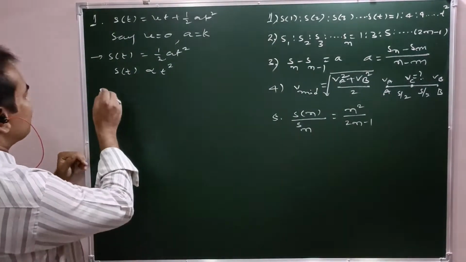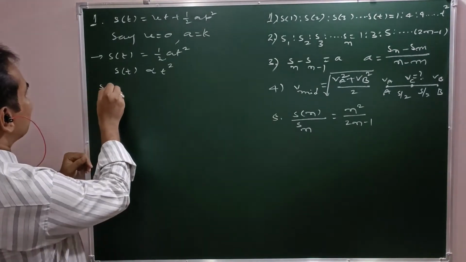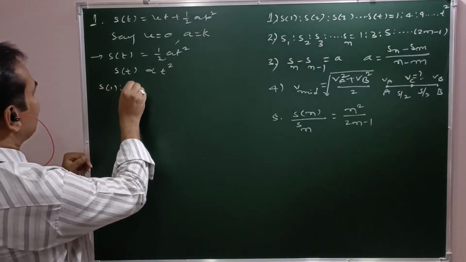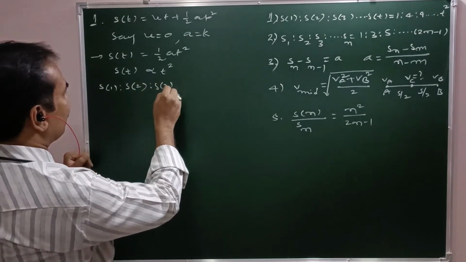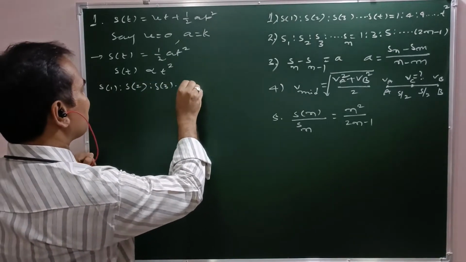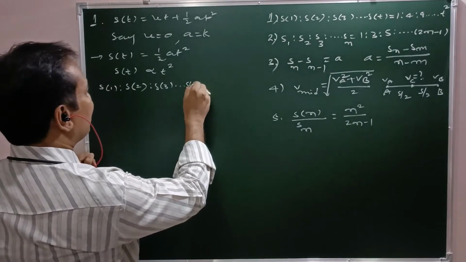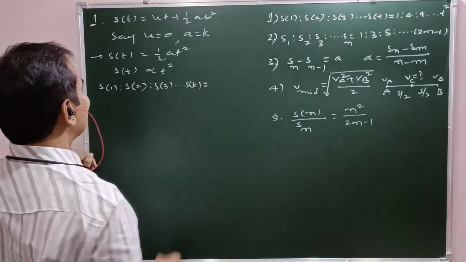Therefore S of 1 is to S of 2 is to S of 3 is to up to S of t equals, what is the ratio?